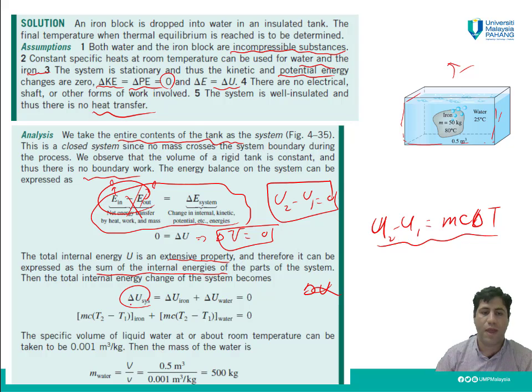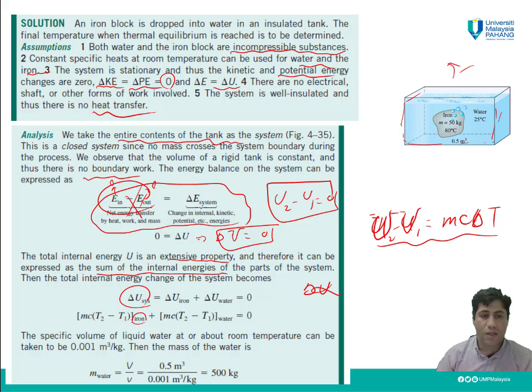Then here we have delta U of the system, like this capital U. What we have here, mc(T2 minus T1), is equal to delta U for iron. And we also have mc(T2 minus T1) for water.